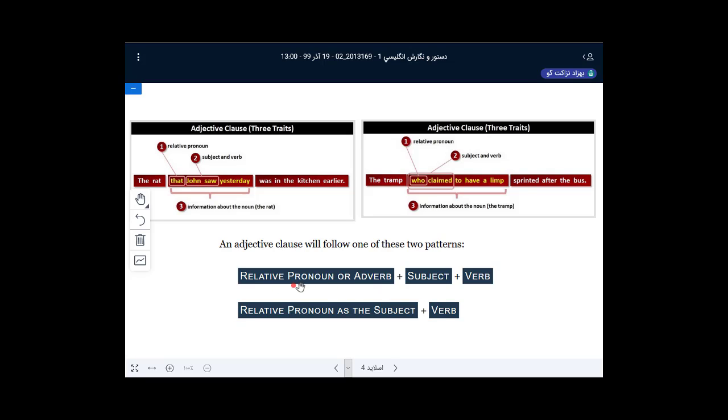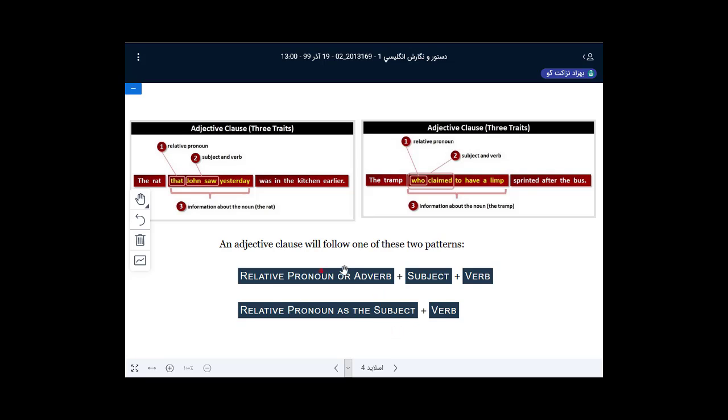Maybe there is a relative pronoun as a connector and a subject and a verb, like this. Here we have the subject, so the relative pronoun does not function as the subject. It is a connector. And the second pattern is the relative pronoun only. So we can't expect a relative adverb to function as a subject.